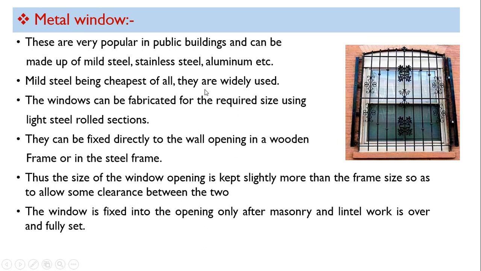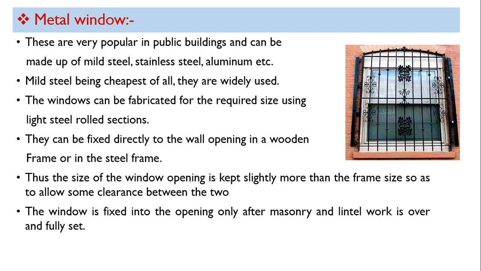The windows can be fabricated for the required size using light steel roll sections. They can be fixed directly to the wall opening, in a wooden frame or in a steel frame. The size of the window opening is kept slightly more than the frame size so as to allow some clearance between the two. The window is fixed into the opening only after masonry and lintel work is over and fully set.